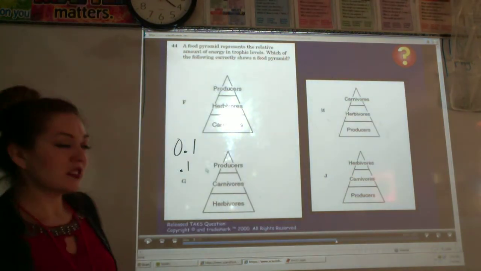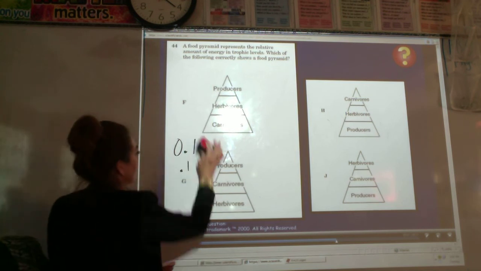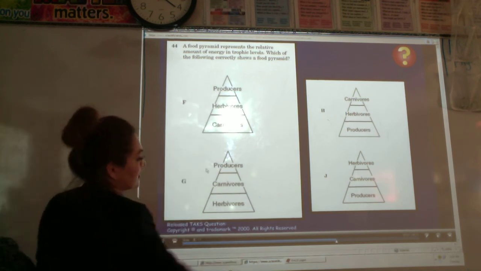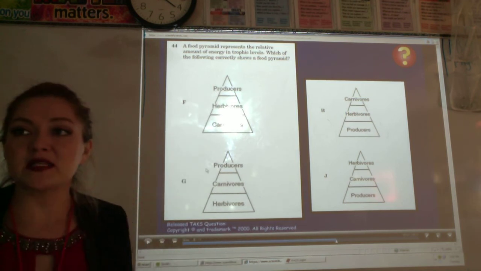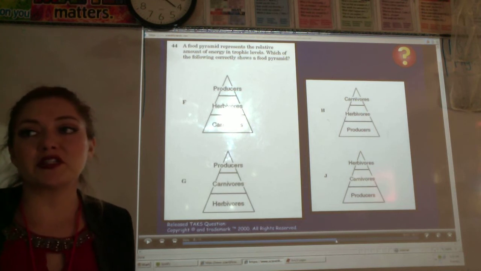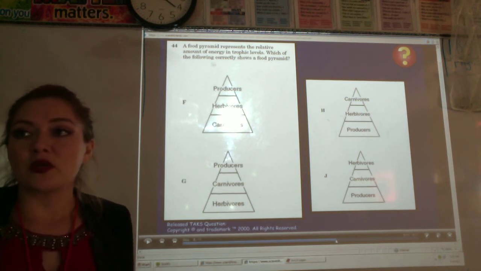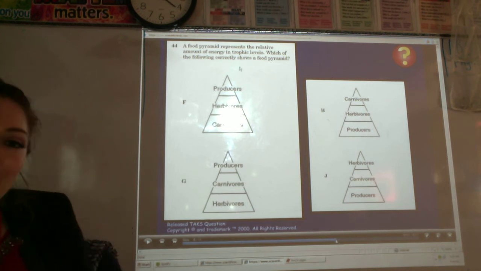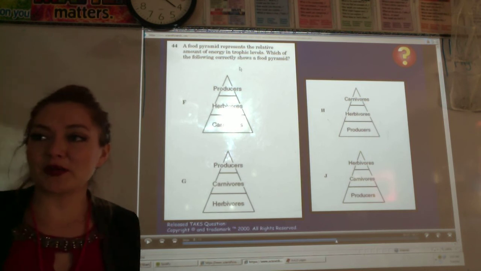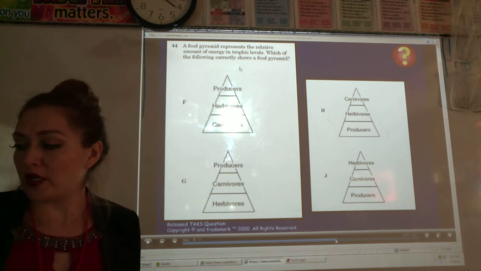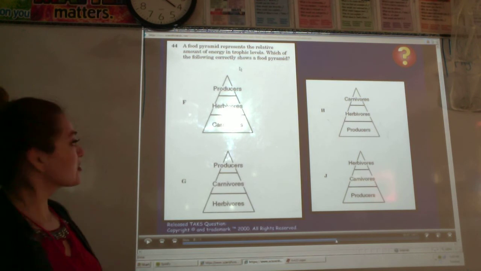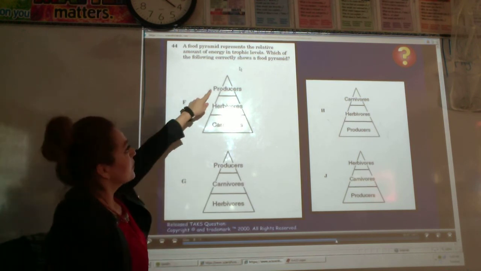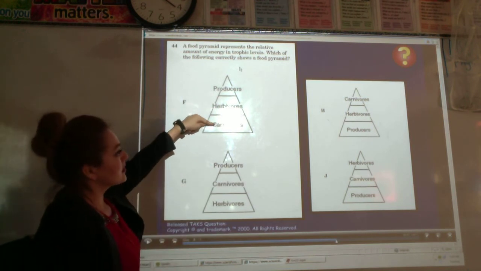Now you have a question, and I know you can't see it, so I'm going to read it out loud to you. It says, a food pyramid represents the relative amount of energy in trophic levels. Which of the following correctly shows a food pyramid? The first answer choice says producers, herbivores, carnivores.